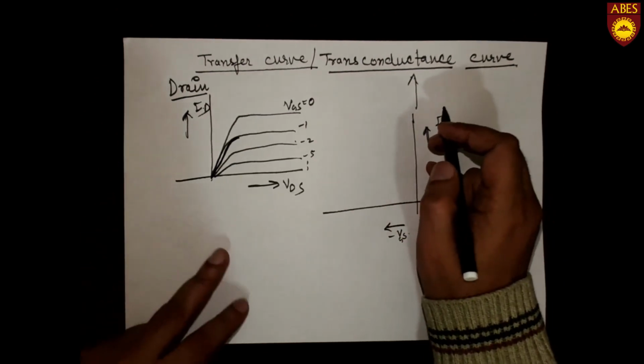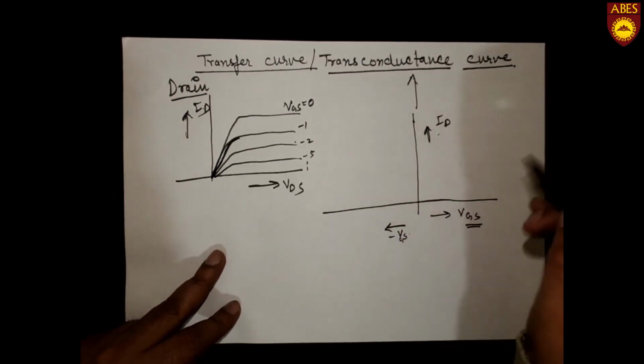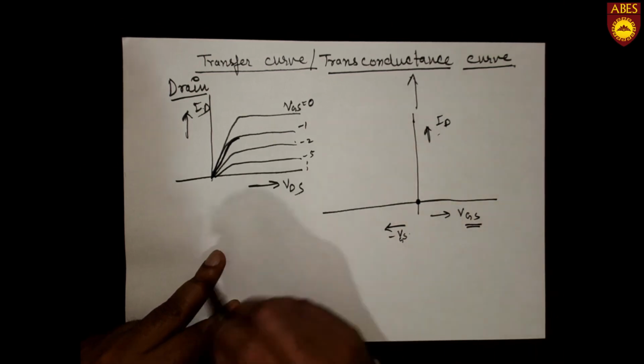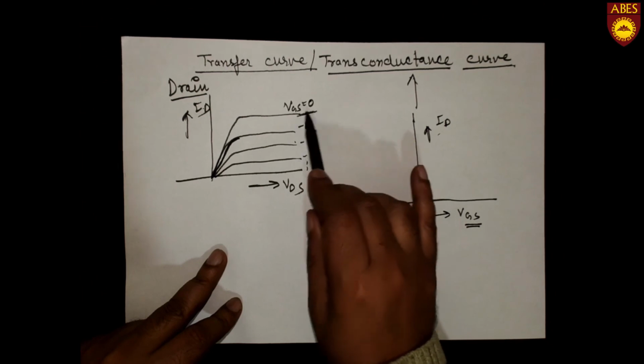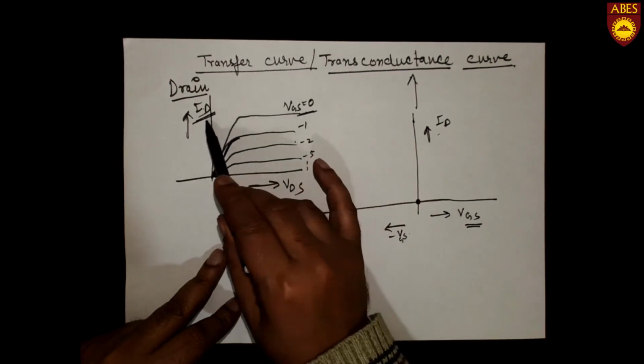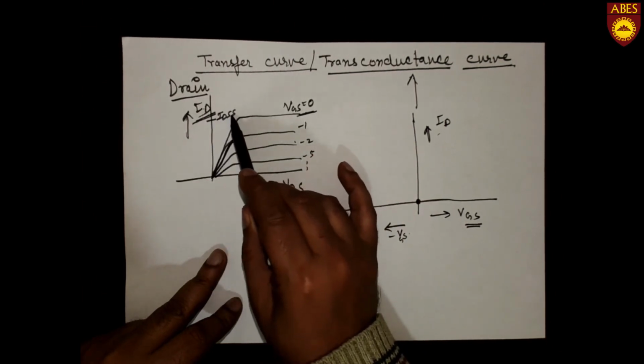So let us see what will happen if VGS is 0. We have seen earlier that when VGS is 0, the maximum value of drain current is IDSS.